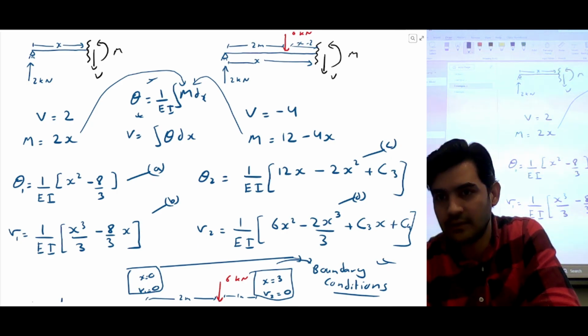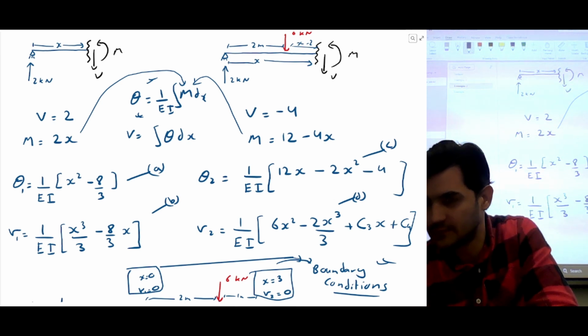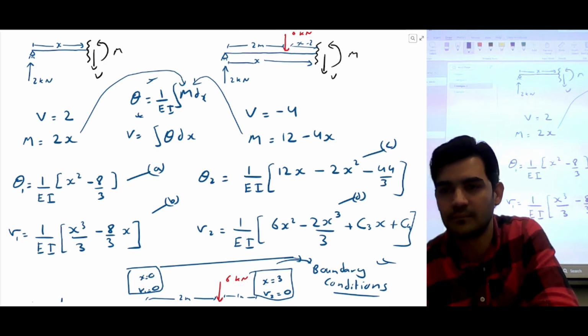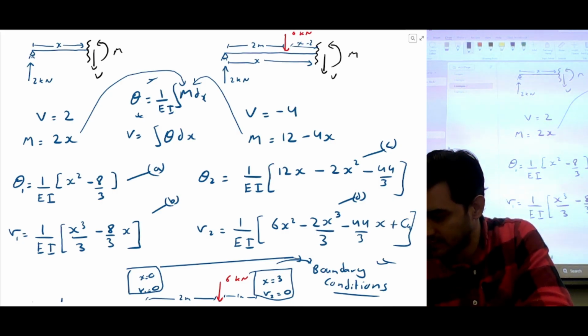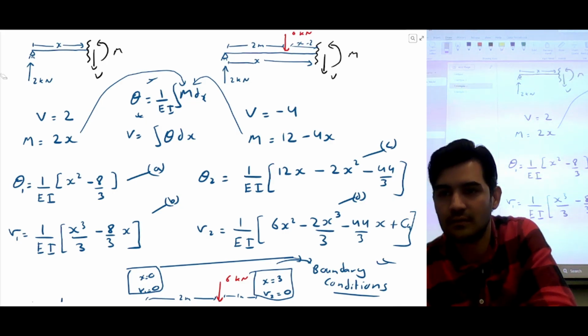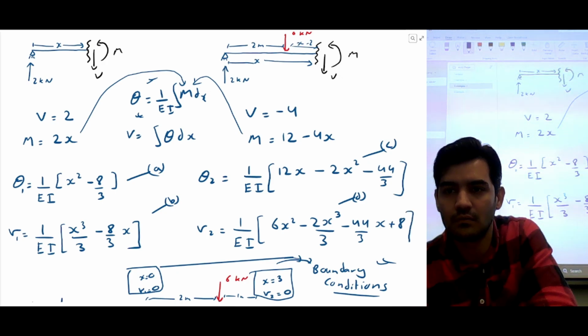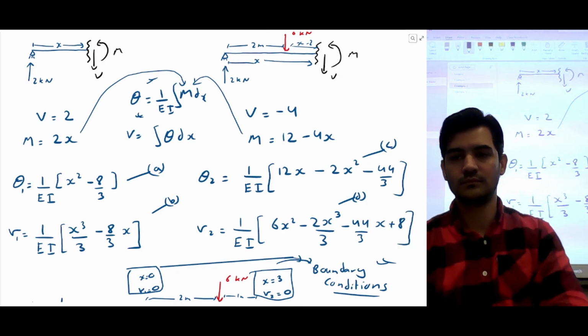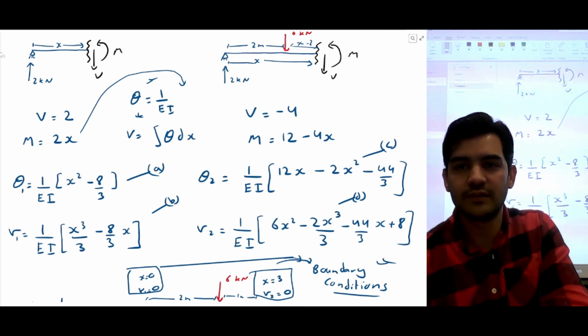And C3 is minus 44 by 3. And C4 is 8. So that's the final equation. So we have all the equations we need.